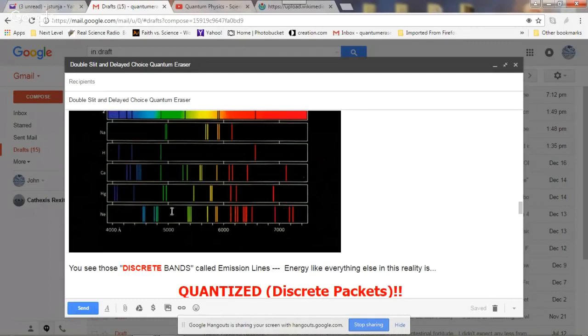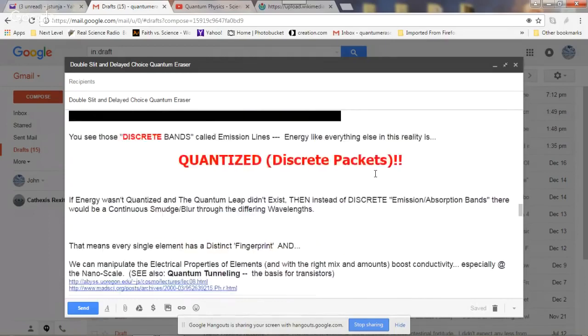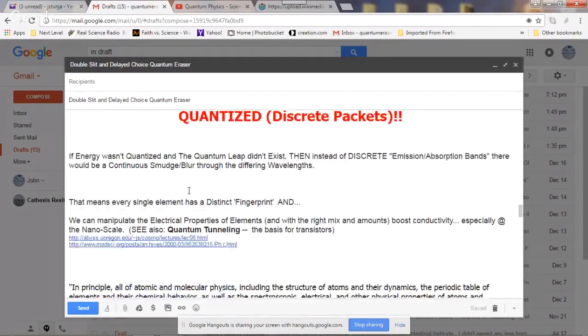You could never tell anything. So spectroscopy really explained this. They said, oh, got it now. This makes perfect sense. And like I said, if energy wasn't quantized and the quantum leap didn't exist, then instead of discrete emission and absorption bands, there would be a continuous smudge or blur through the differing wavelengths.